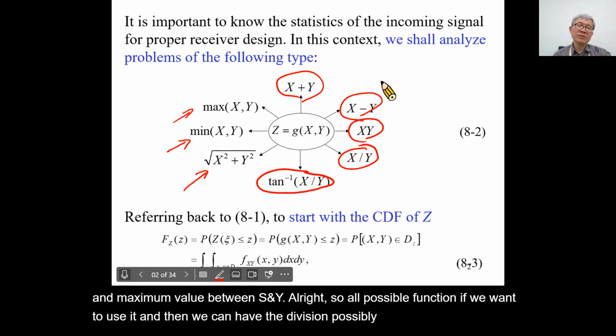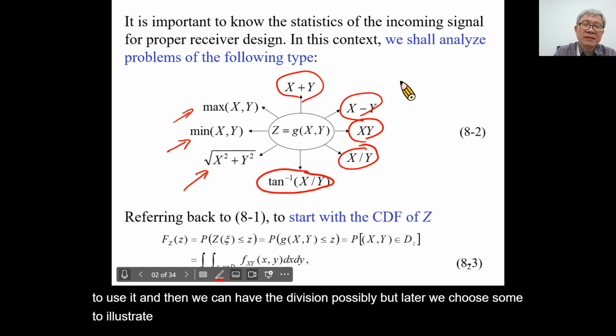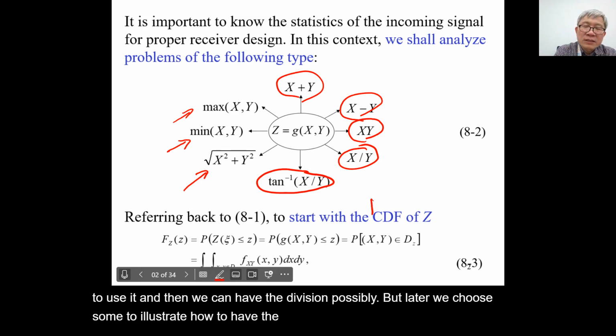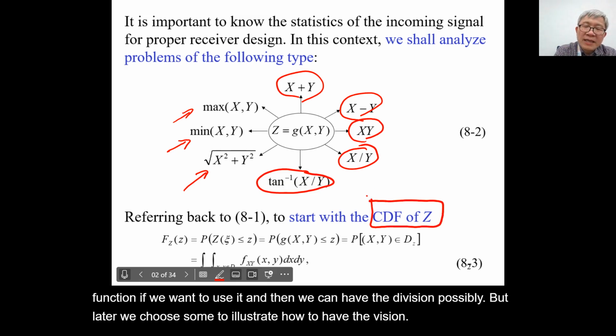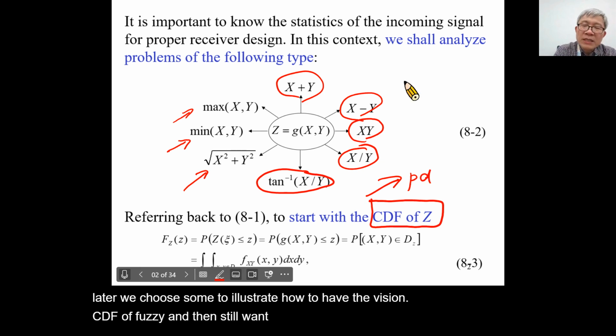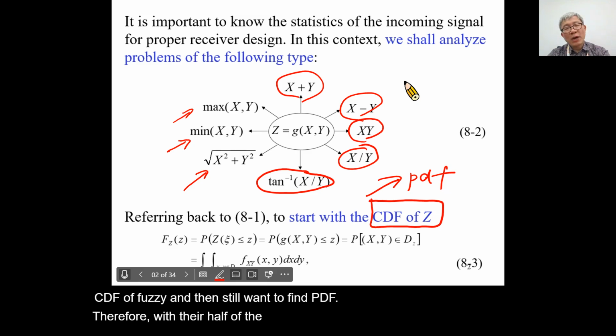Later we choose some to illustrate how to derive the CDF of Z and then find the PDF. So we still have the general approach: derive the CDF, and then get the PDF.